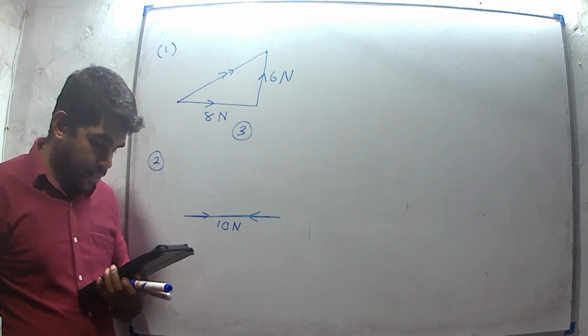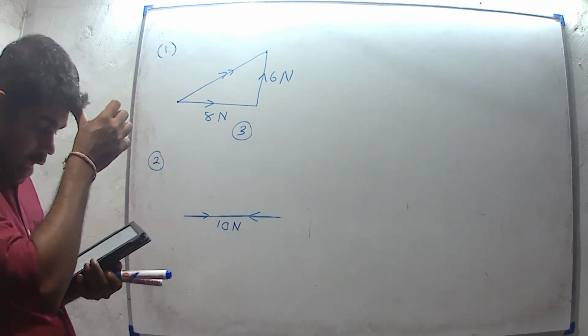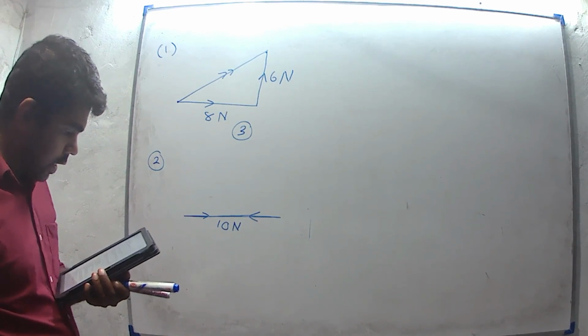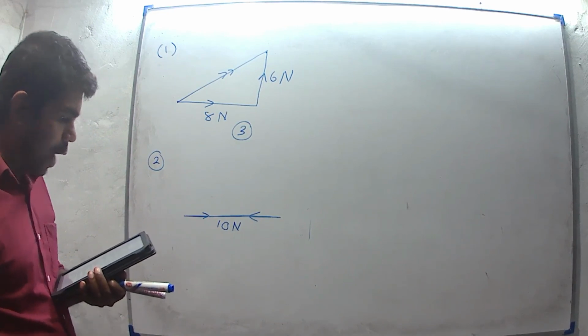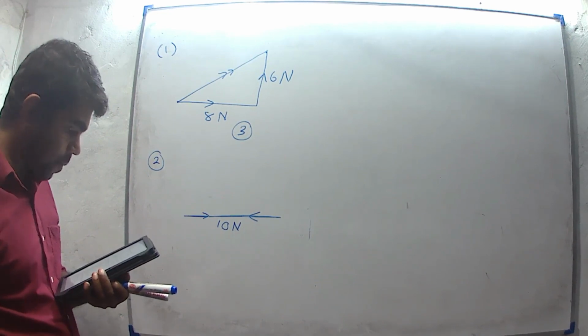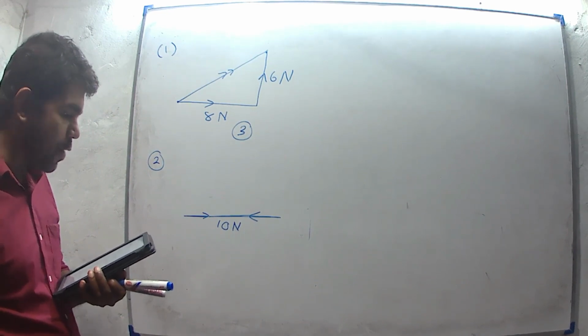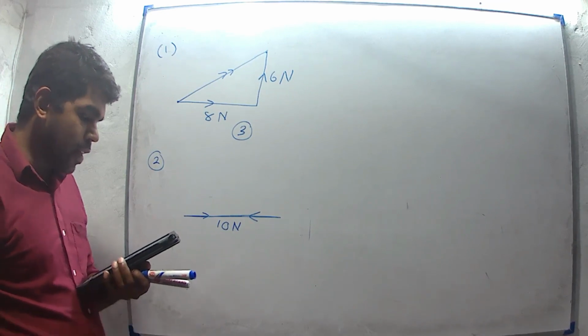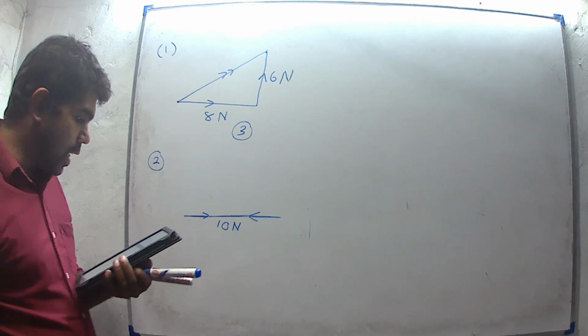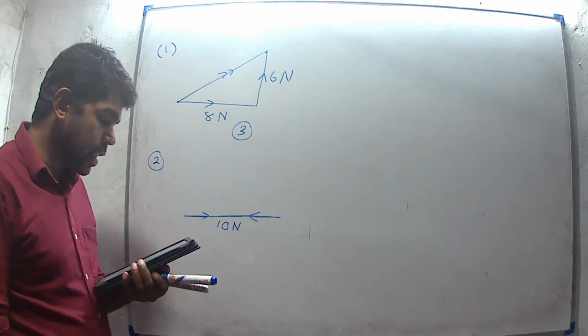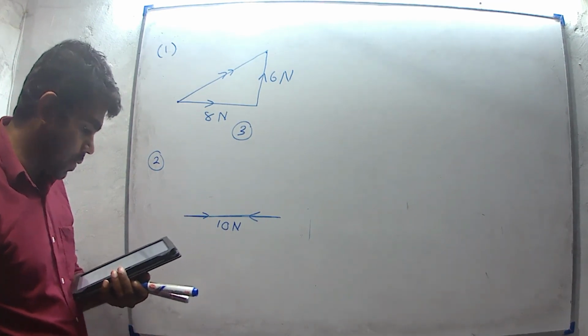Then the third one, we can consider the largest force is 10 Newton. 5 plus 5 is 10. The sum of the remaining forces is equal to the large force. Therefore, we can get resultant 0 for the third answer.